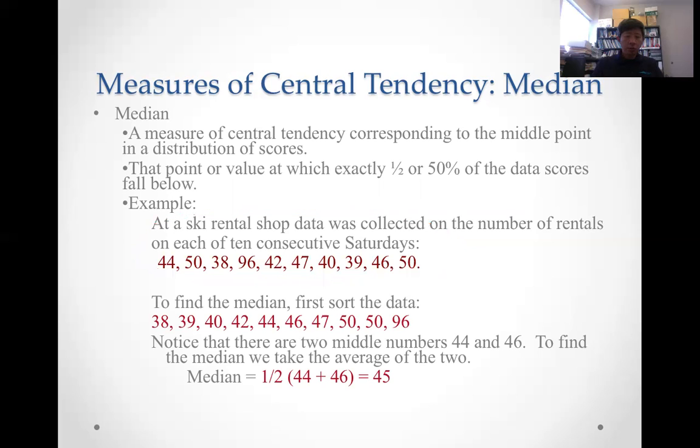First of all, we have to sort the data from the least to the greatest number. Then we find the middle. The middle is right between 44 and 46. So we take 44 plus 46 divided by 2, which gives 45. So the median is located right here, which is 45.